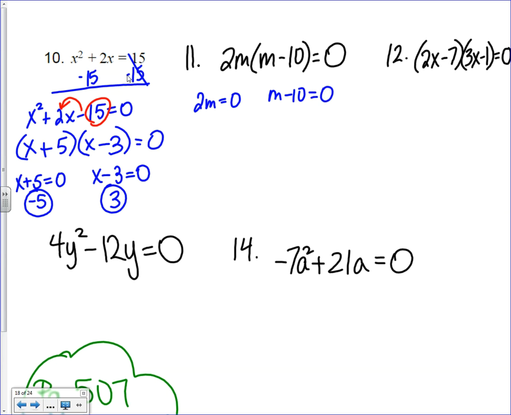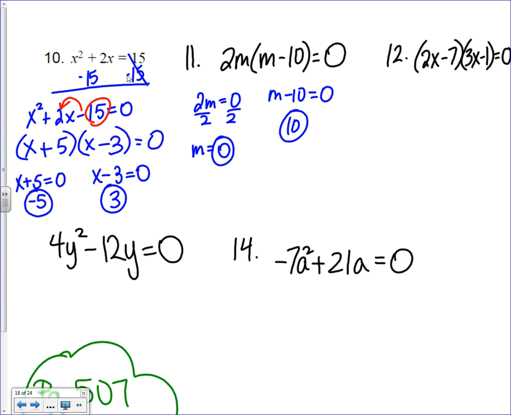Folks, do you see how I used that 2m out front because there was a variable with it? How do you solve for it? So m is the second one. You add the 10, so m is 10. Okay, how is that okay? Not too bad for an extra problem, right?